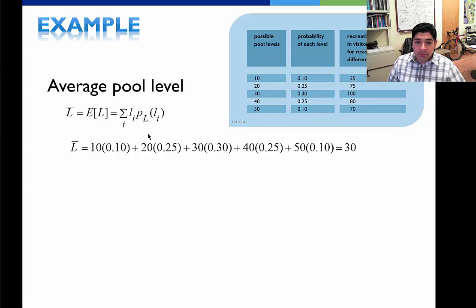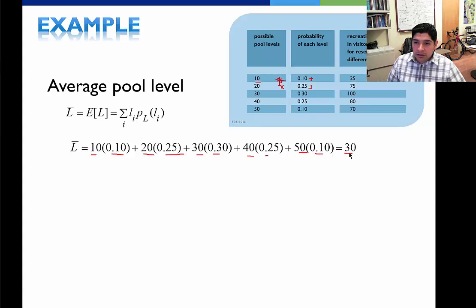We just multiply the level times the probability of it happening, plus the second pool level times its probability, which is what I'm doing here: 10 times its probability, then 20 times its probability, plus 30 times this, plus 40 times this, plus 50 times this.